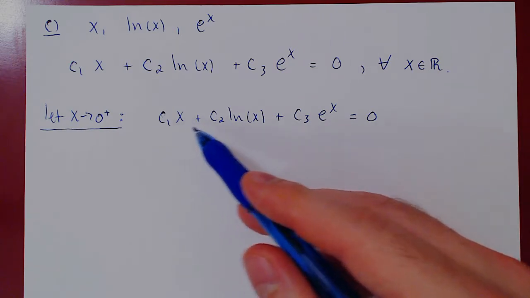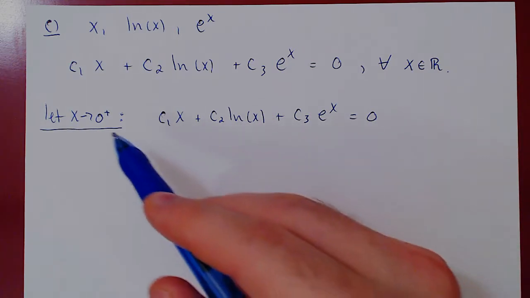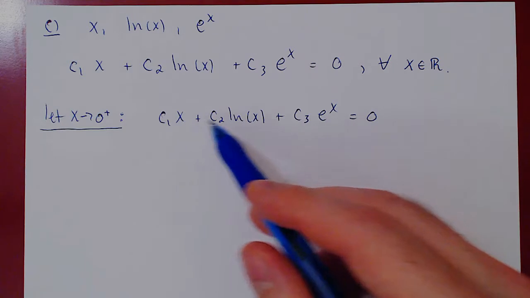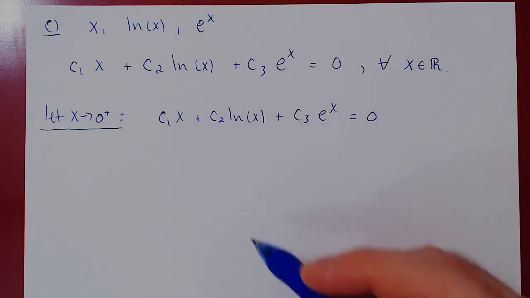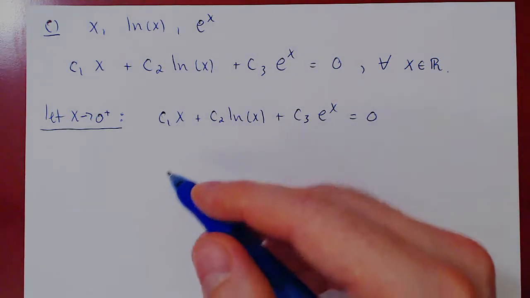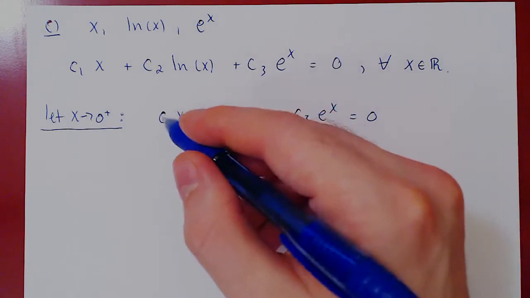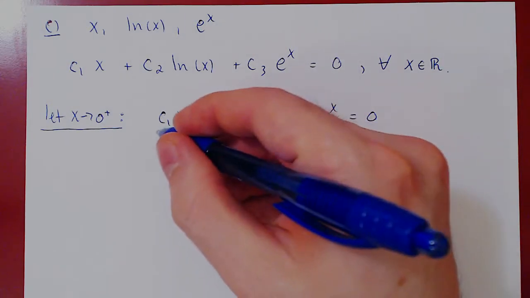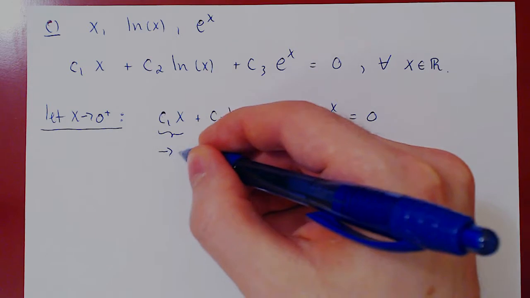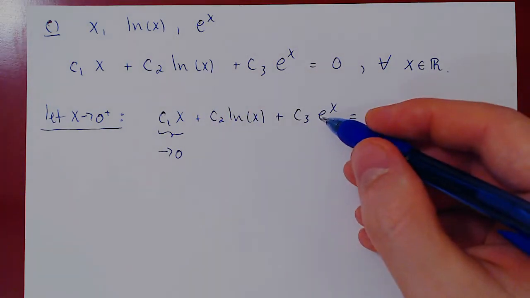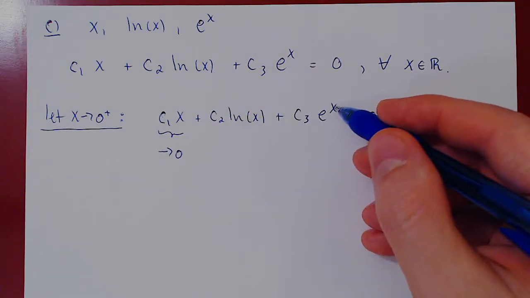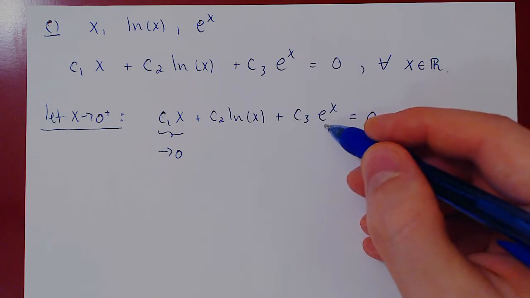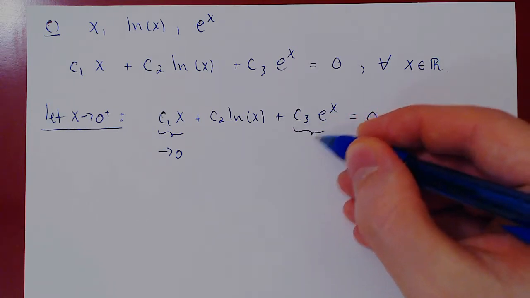And so as we are letting x approach 0 from the positive side, this equality must always be satisfied. Well, what happens to c1 times x? As x approaches 0, c1 is a constant, and so c1x will be approaching 0. Now, e to the x, as x goes to 0, approaches e to the 0, which is 1. And so this will approach c3.